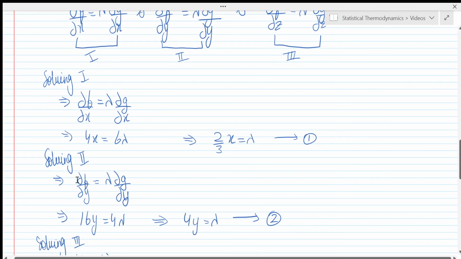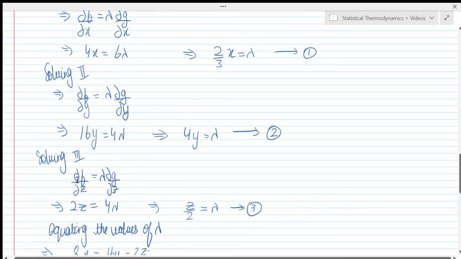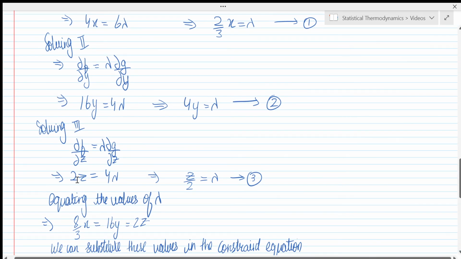Similarly, when we solve for lambda in the second part, we will get the value of lambda as 4y, and similarly in the third, we will get the lambda value as z by t. So when we equate these equations, we will get a relation between x, y, and z. Once we get this relation, we will just substitute these values back into our constraint equation.